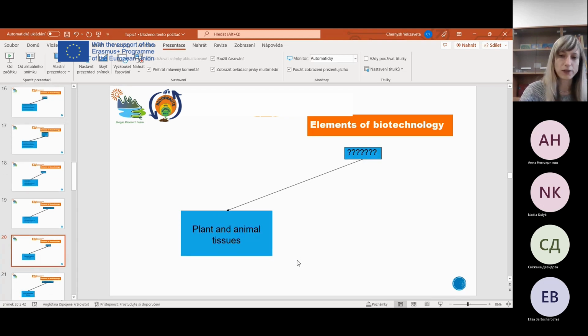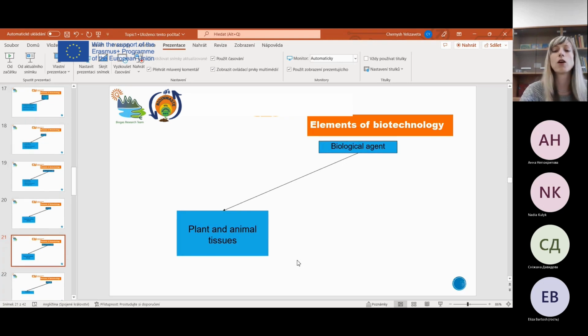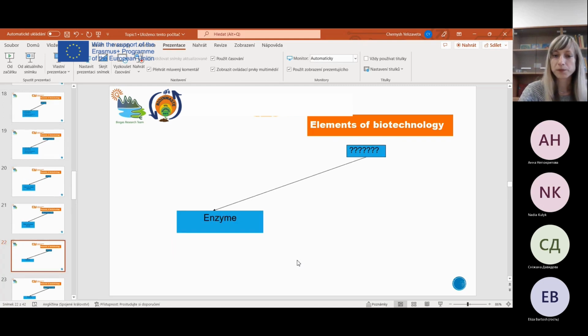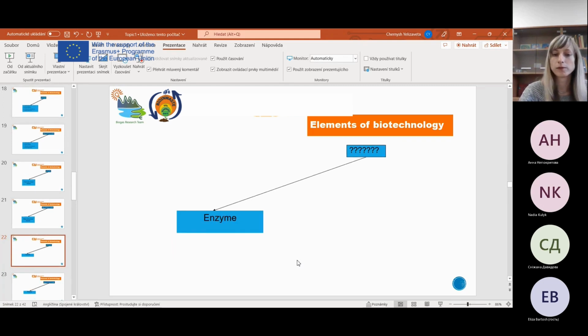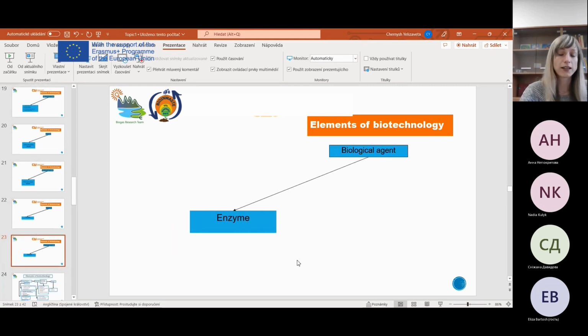Plant and animal tissues are also very important elements, and they are also biological agents, because in different biotechnologies different biological agents can be involved. Enzymes are also biological agents, and it should be noted as enzyme technologies.